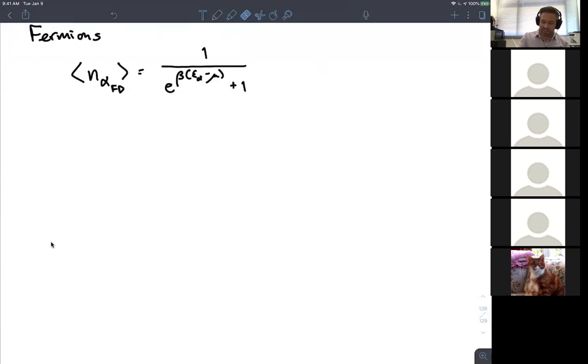This is what is referred to as the Fermi-Dirac distribution function, hence the FD subscript, because that stands for Fermi-Dirac. This gives the average occupation of each energy level when you're talking about fermions.